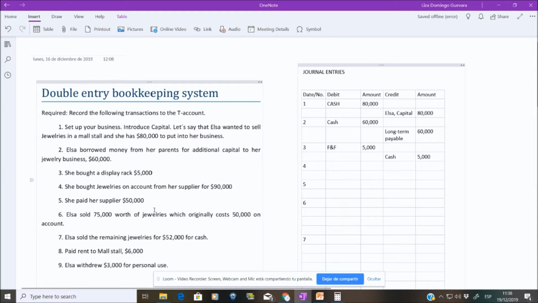Number four, she bought jewelries on account from her supplier for 90,000.